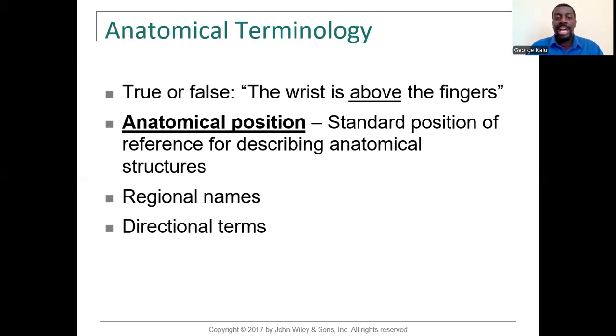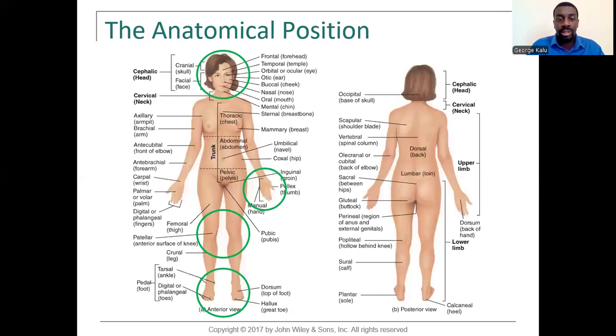Okay. So what anatomists have done is they created what's called the anatomical position. So the anatomical position is a standard position of reference when you're talking about anatomical structures. Okay. And they also have regional names and directional terms, which we'll look at here on the next slide. Okay. So here we're first looking at anatomical position.